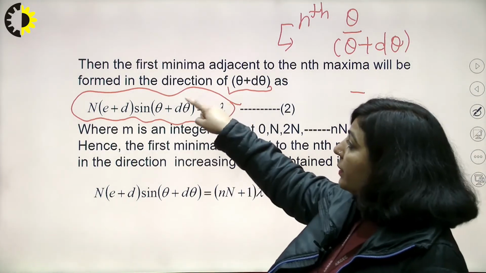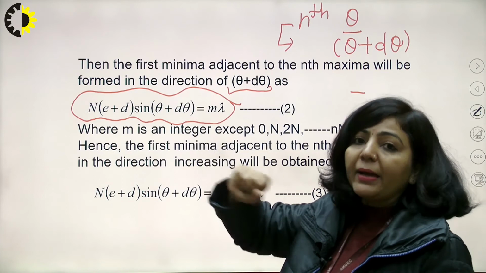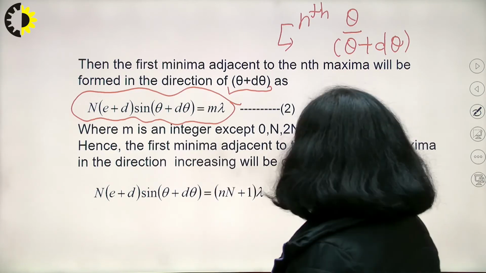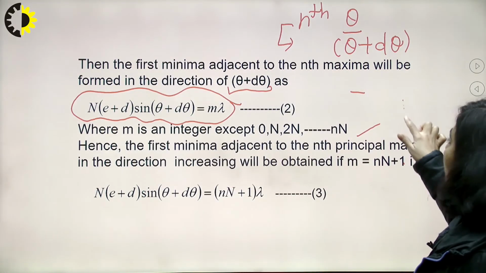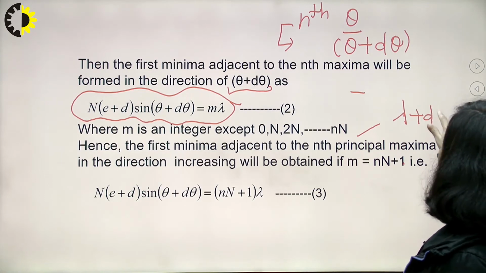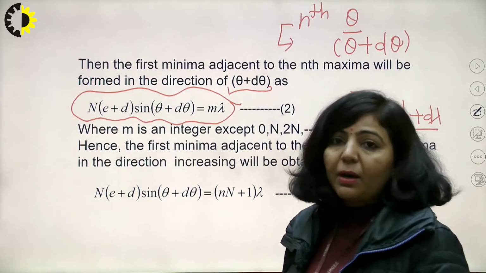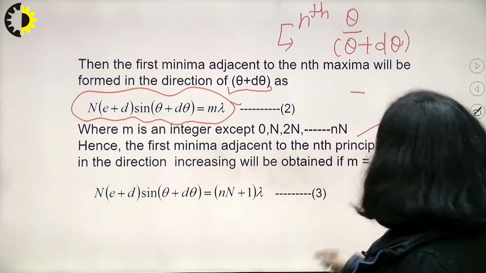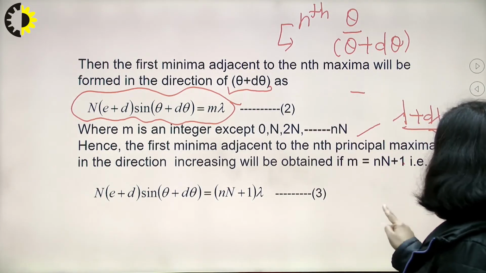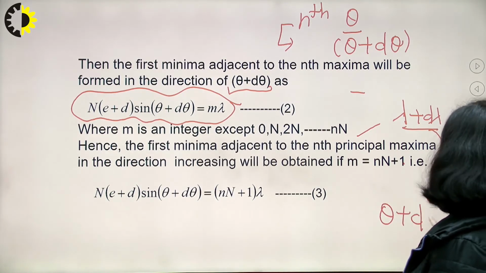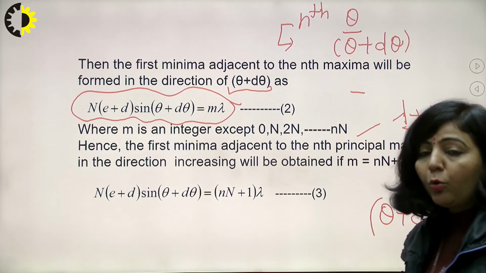Now, what is your second source? Your second source is of wavelength lambda plus d lambda. If the nth maxima of that second source is observed at theta plus d theta, then the Rayleigh criterion will be fulfilled. I hope you are getting this point.